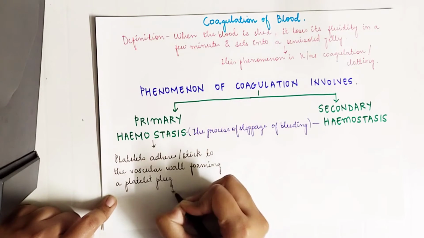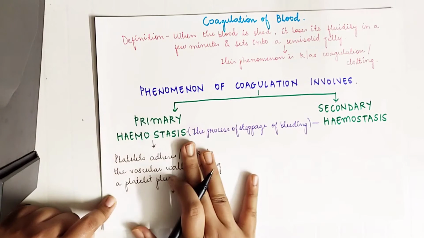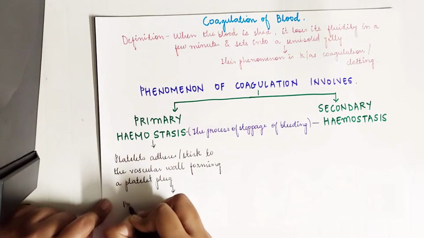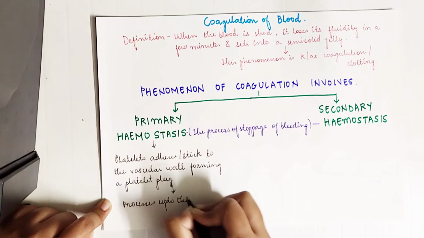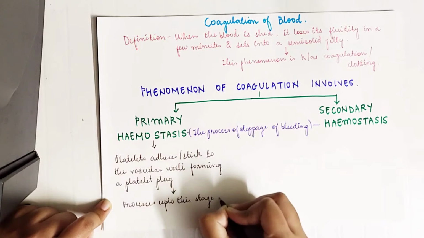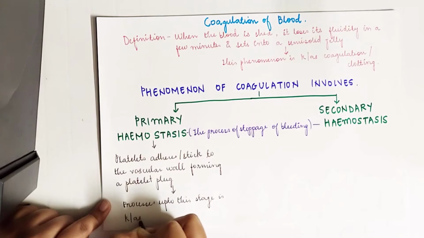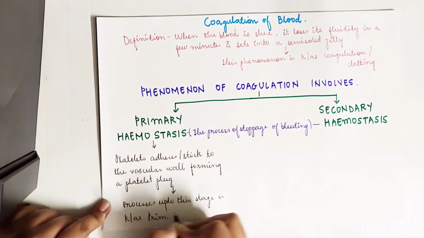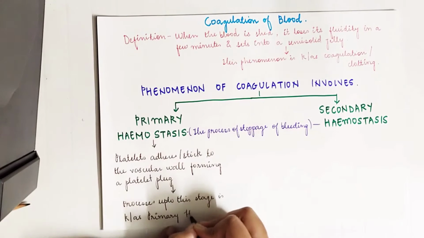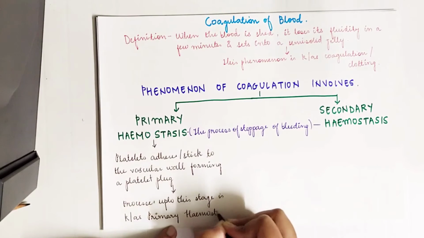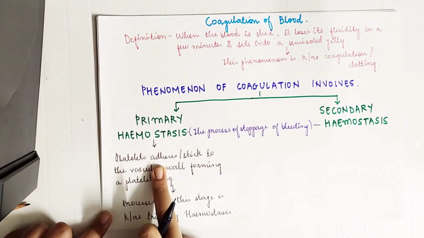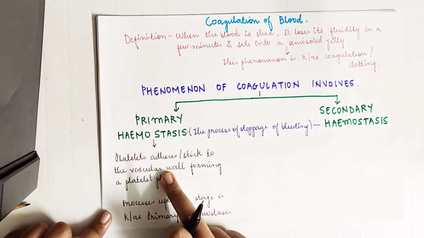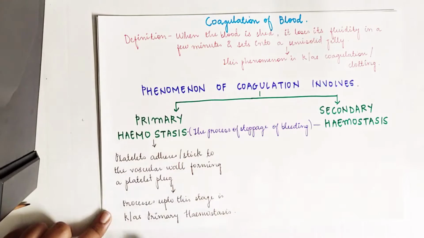The processes up to this stage are known as primary hemostasis. So primary hemostasis says that the platelets adhere or stick to the vascular wall, forming a platelet plug, and the process up to this stage is known as primary hemostasis.